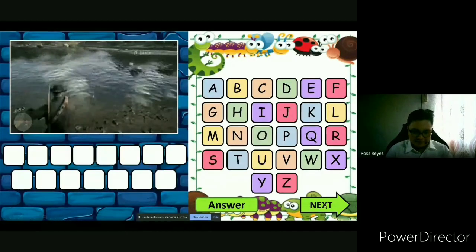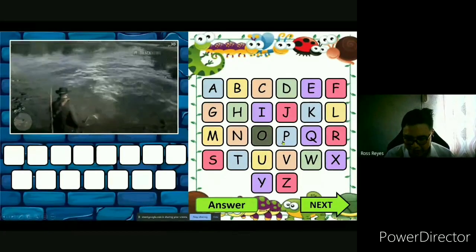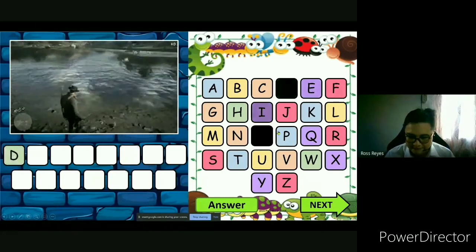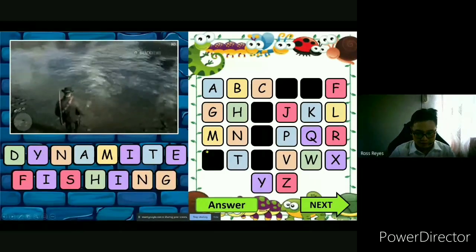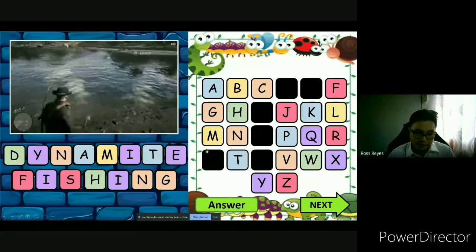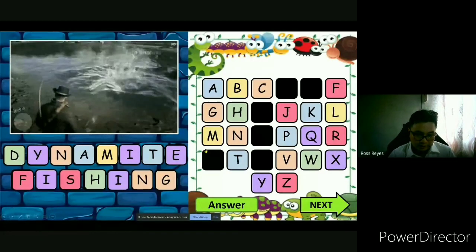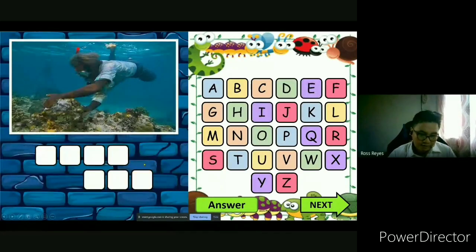Next puzzle. How about this one? What does this GIF imply? Dynamite fishing is a practice of using explosive to stun or kill a school of fish because it is easy for them to capture fish if it is already dead or stunned because of the dynamite, right? Next puzzle, how about this one?